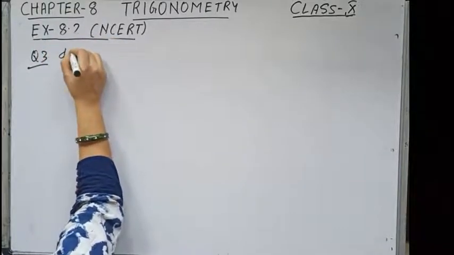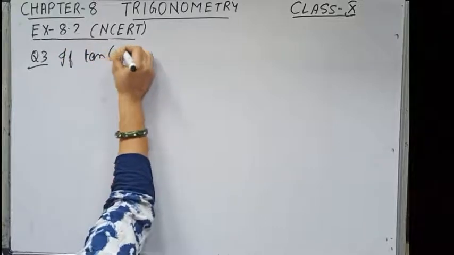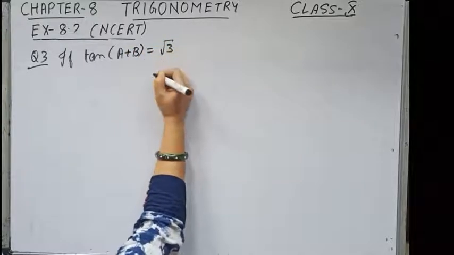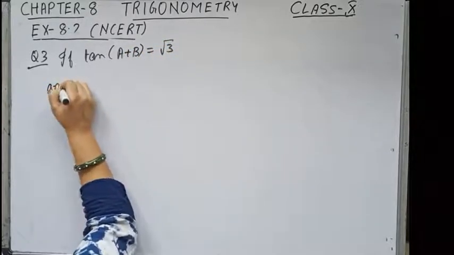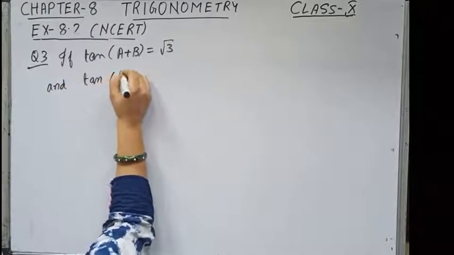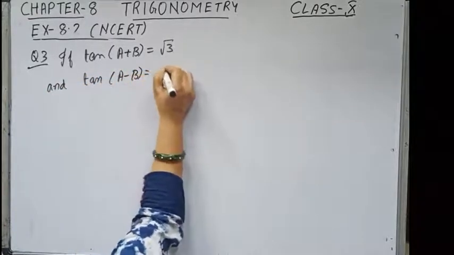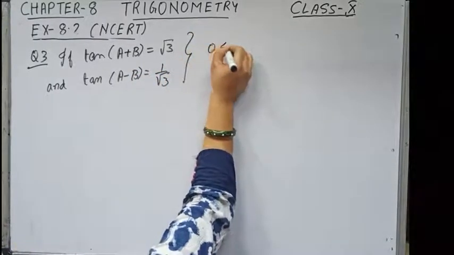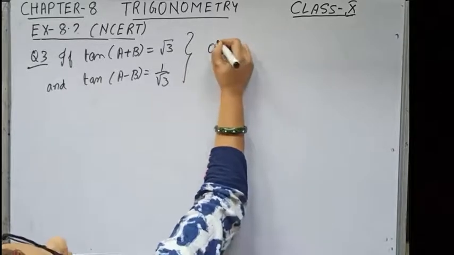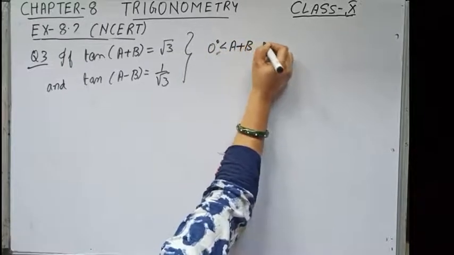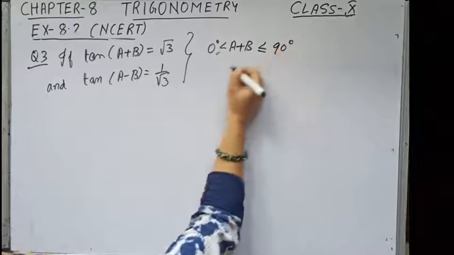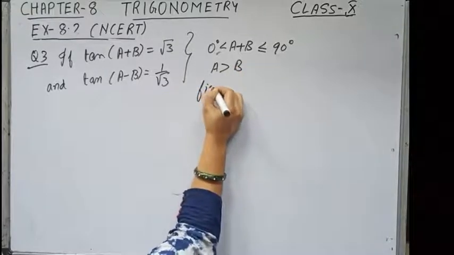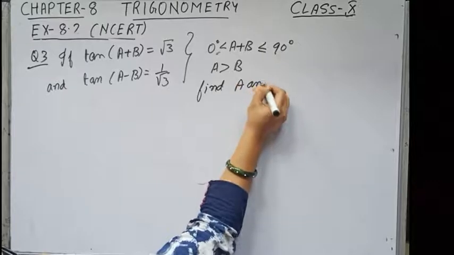Now question number 3 is, if tan of a plus b equals to root 3 and tan of a minus b equals to 1 by root 3 and some condition is given as 0 degree less than a plus b, which is less than equals to 90 degree, and a is greater than b, then we have to find a and b.